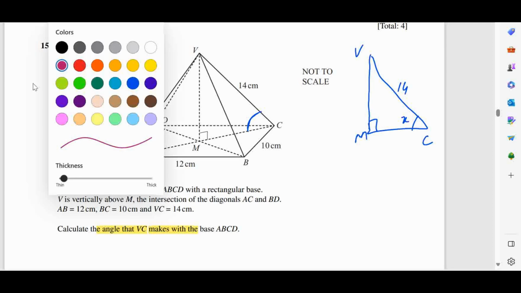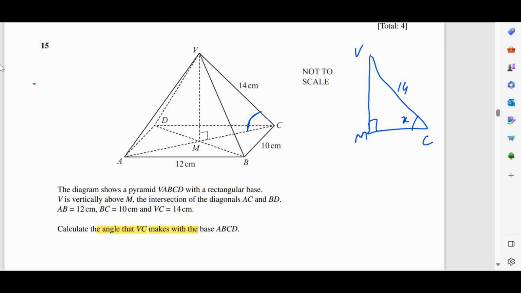We can see that in triangle ABC, let's draw the triangle ABC first. This is triangle ABC, which is in the base. So A, B and C. As we know that this is a rectangular base, this angle will be 90 degrees. So 12, 10. And we have to find out the third side, AC.